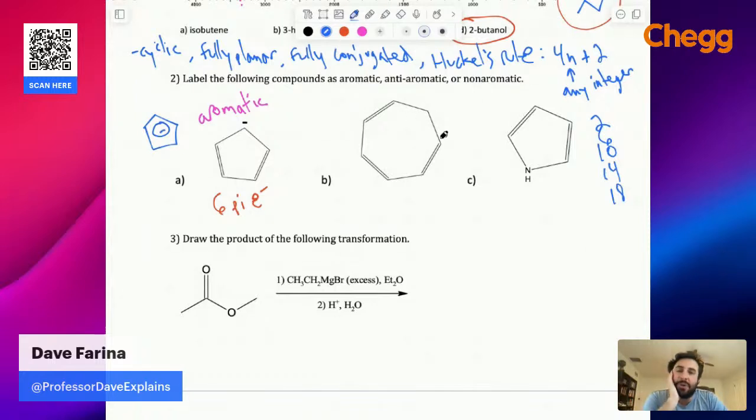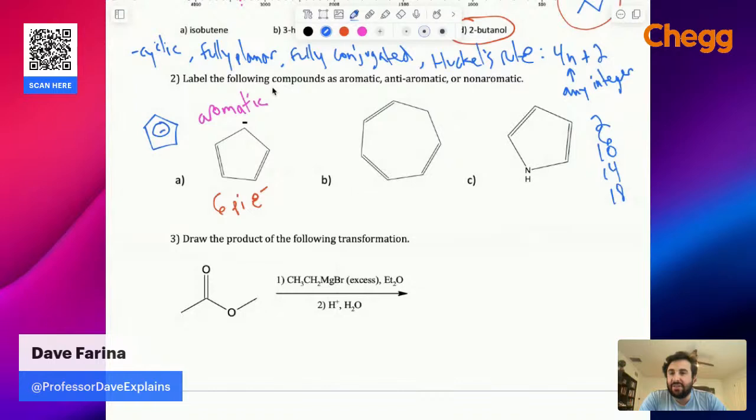Now going on to this one here, we have this 1, 2, 3, 4, 5, 6, 7-membered ring. It's a cycloheptatriene, and the 3 pi bonds are conjugated. However, what do we notice here? This one does not have any pi electron density.